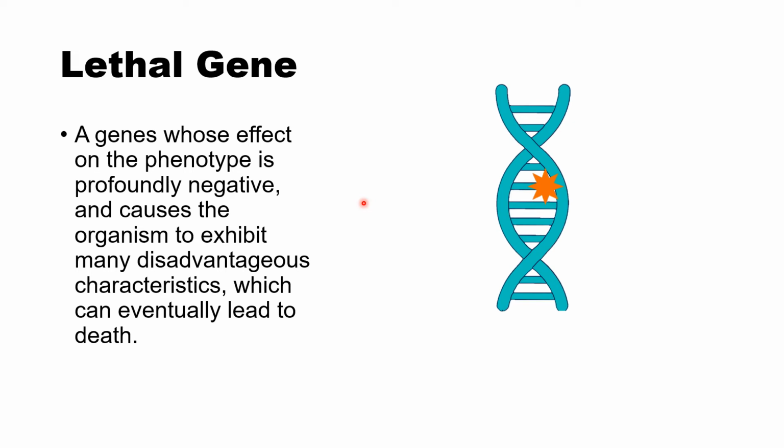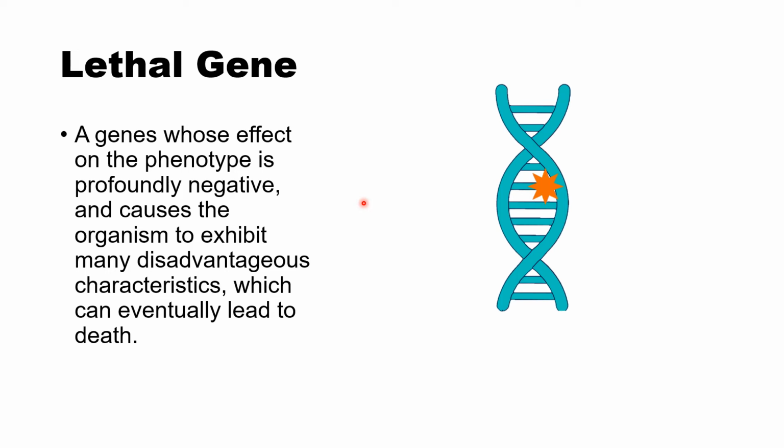Another definition of lethal genes is that it is a gene whose effect on the phenotype is profoundly negative and causes the organism to exhibit many disadvantageous characteristics which can eventually lead to death. So, the lethal gene has an effect on the phenotype.